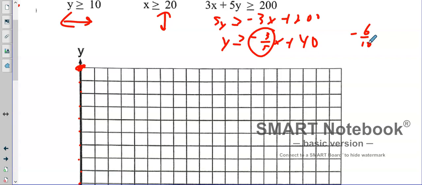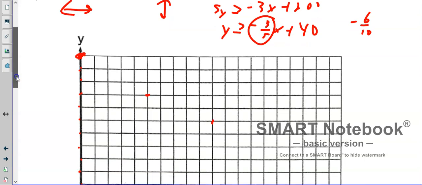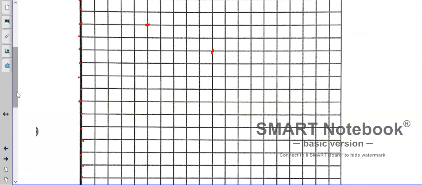Okay, so down 6 is 2, 4, 6, and right 10 is 2, 4, 6, 8, 10. And down, so what I'm realizing is this is going to go off the graph, but we'll work with it. So down 6, right 10, and again, and again.